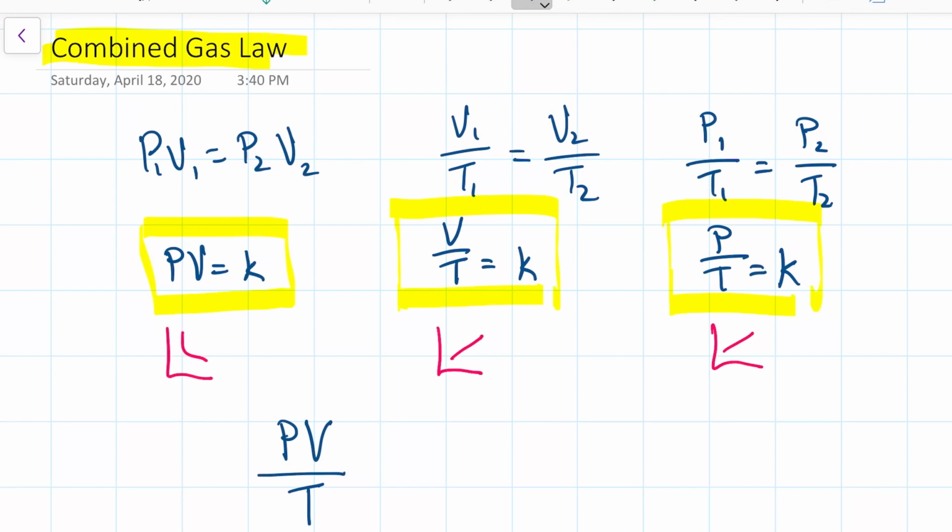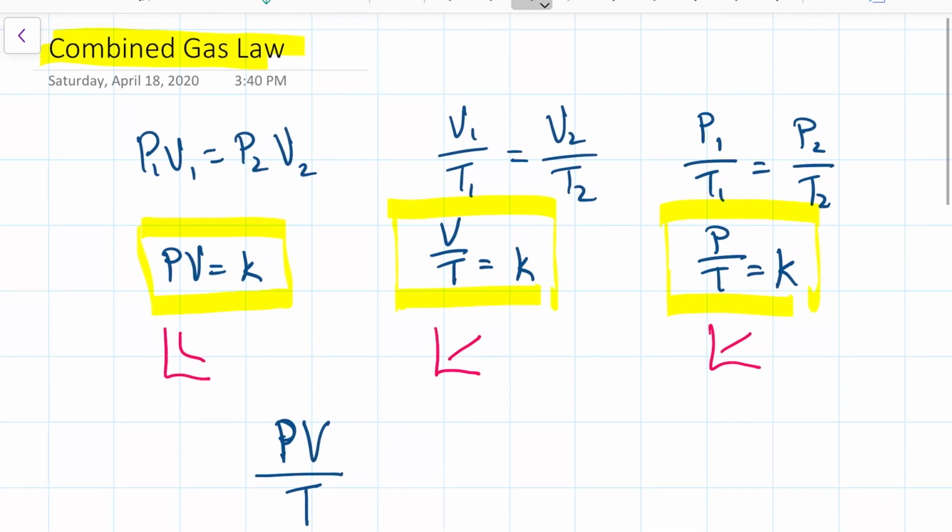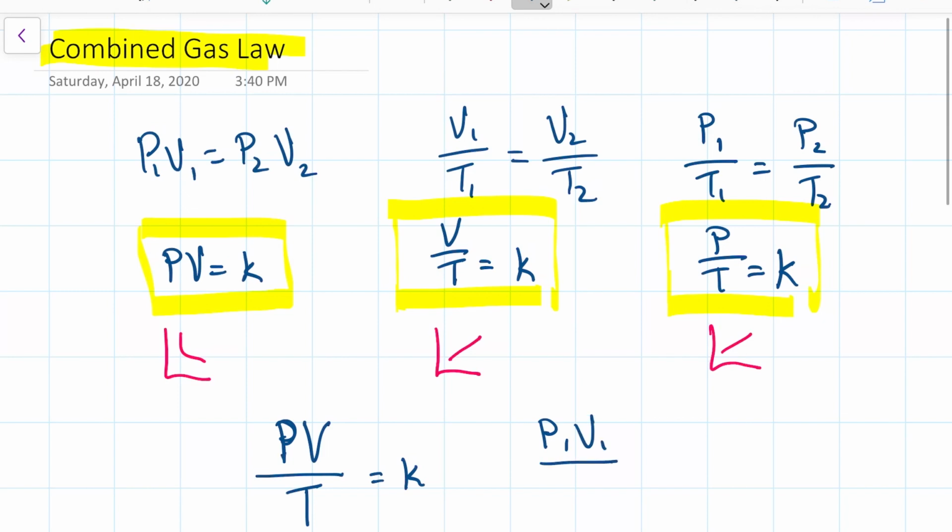And the relationship between P and T is direct, which leads us to placing all 3 values in one formula and giving us the combined gas law, which is P times V over T equals a constant, or P1 V1 over T1 equals P2 V2 over T2.